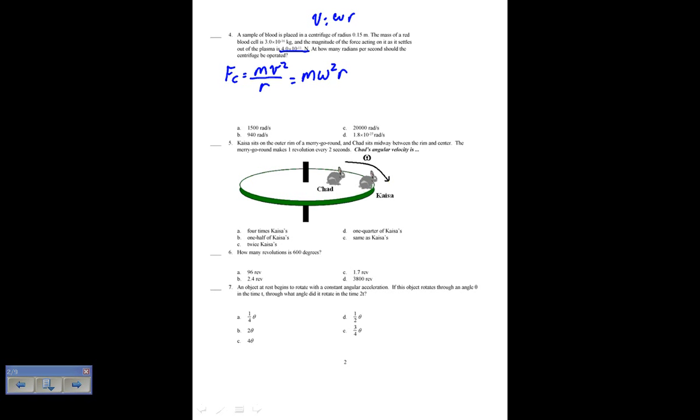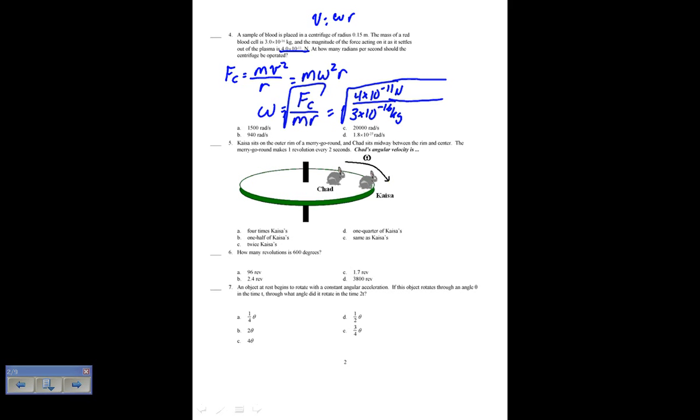So my centripetal force is also equal, by making that substitution for v, to m omega squared r. And so if I want to solve for omega, which is what I want, omega is equal to the square root of Fc over mr. And then I put in some numbers here. Fc is 4 times 10 to the minus 11 newtons. That's the force required for it to settle out. The mass of the blood cell is given. That's 3 times 10 to the minus 16 kilograms.